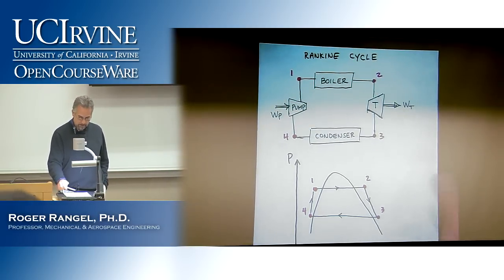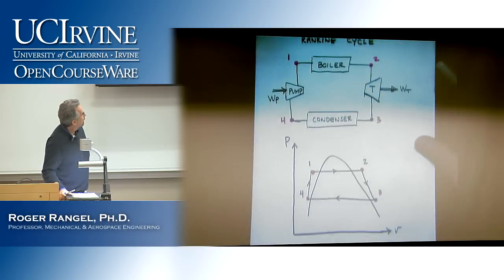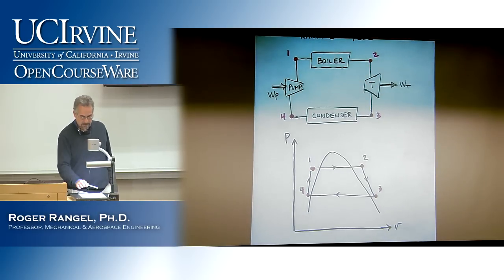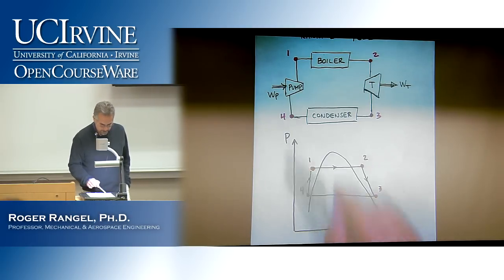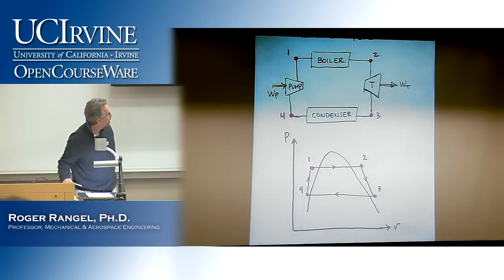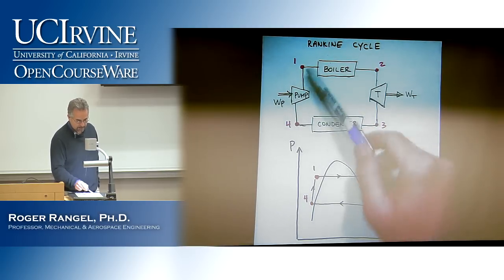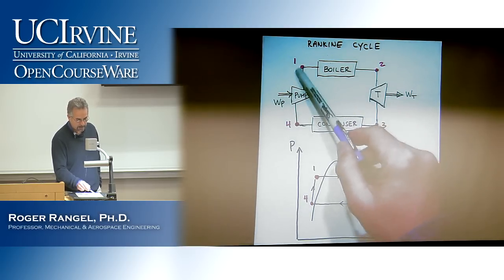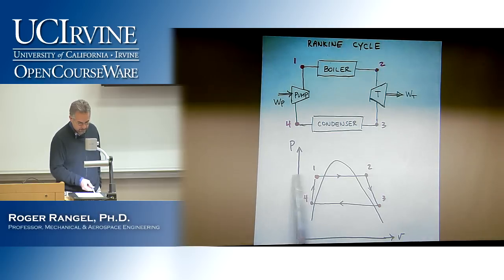And if I now try to put these states 1, 2, 3, and 4 on a PV diagram, then it might look something like we see here at the bottom. So pressure on the vertical axis, specific volume on the horizontal axis, and my 1, 2, 3, and 4. Notice, for example, if we start from 1, I said that's the high pressure liquid that goes into the boiler, and indeed 1 is at a high pressure, compared, say, to 4.